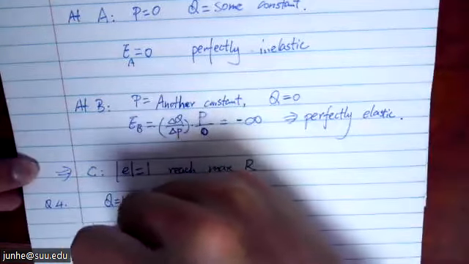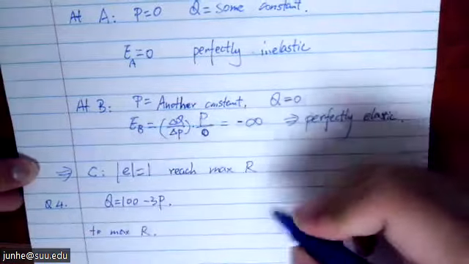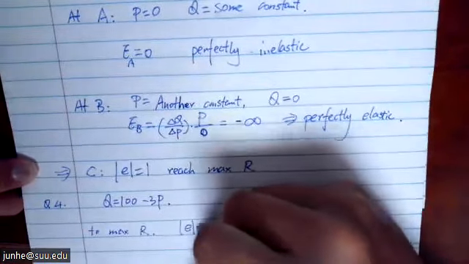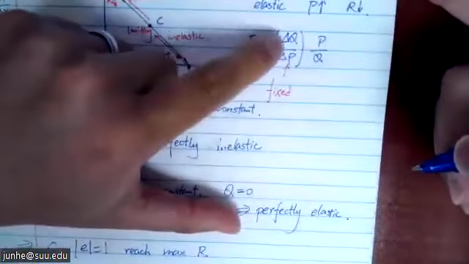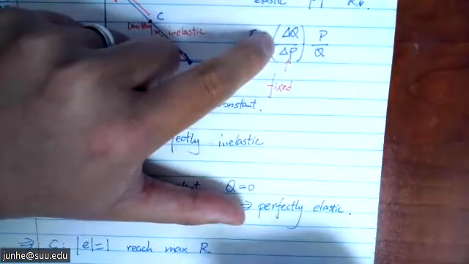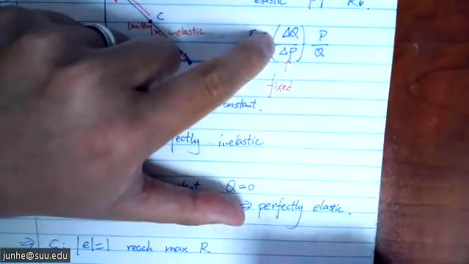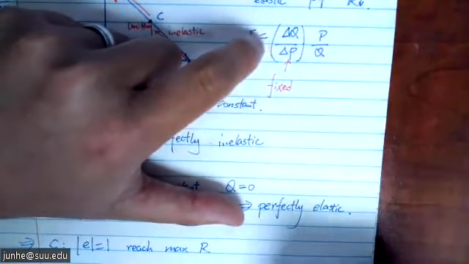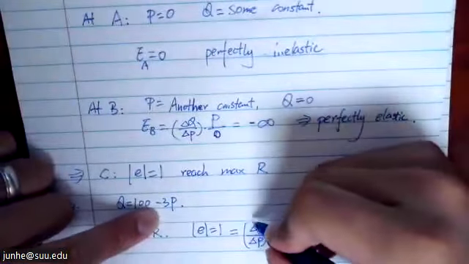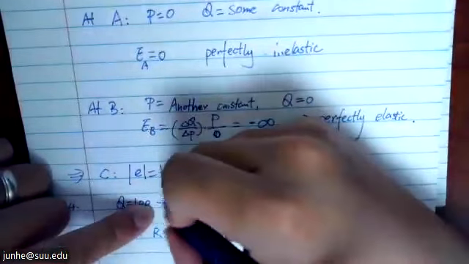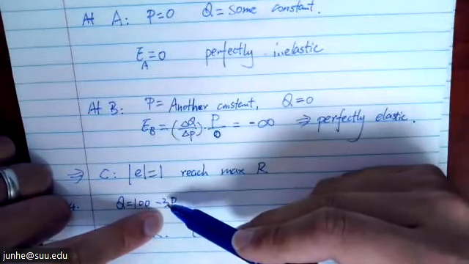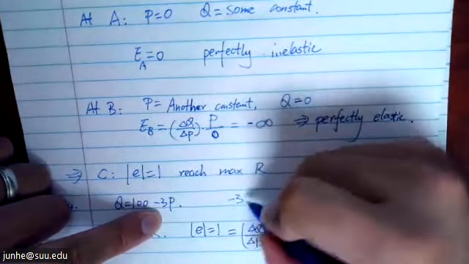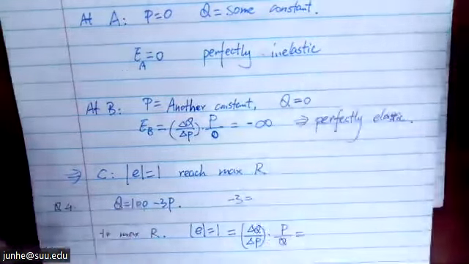To maximize revenue, elasticity should equal 1, and elasticity is delta Q over delta P times P over Q. To find delta Q over delta P, we need to look at the slope term, which is minus 3, and discern what this minus 3 represents.